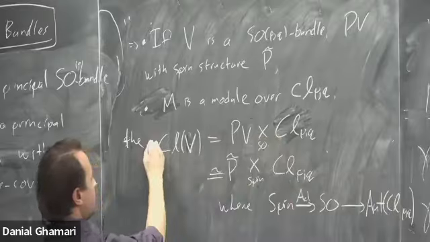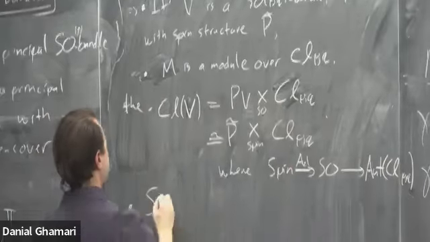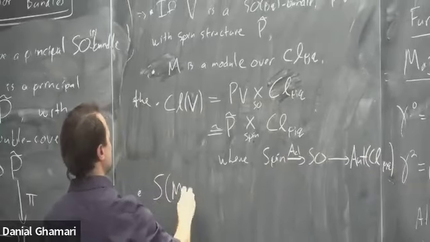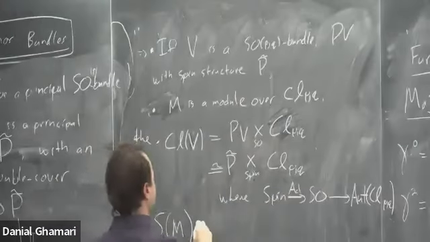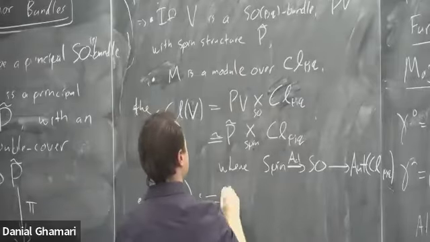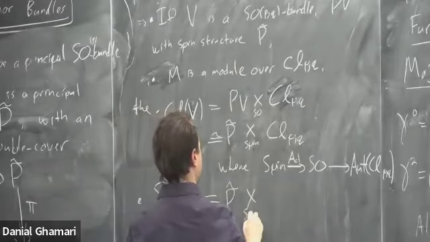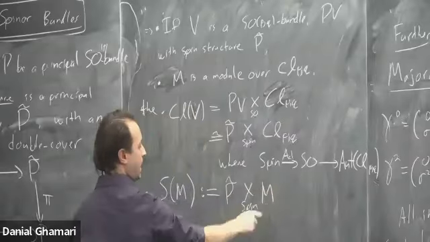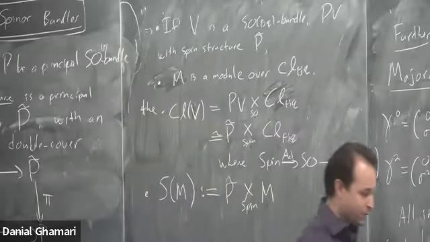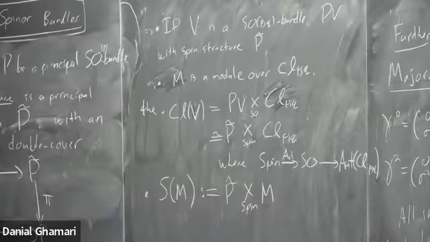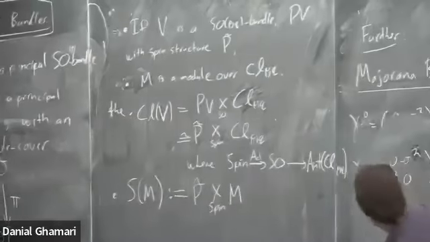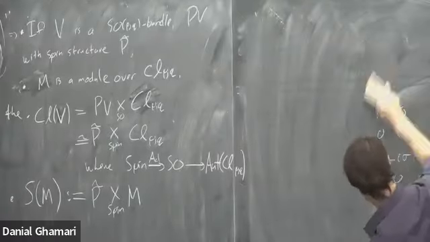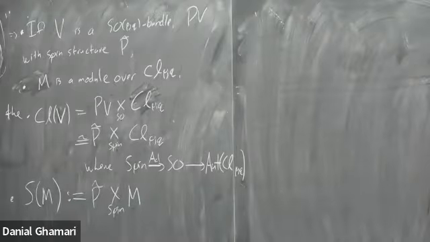And then we define SM, the module of this, to be: take the spin bundle, use the spin group, the spin module action, to plug in this bundle M. Now, once we've done that, we do get a genuine Clifford algebra action on this Clifford bundle M.